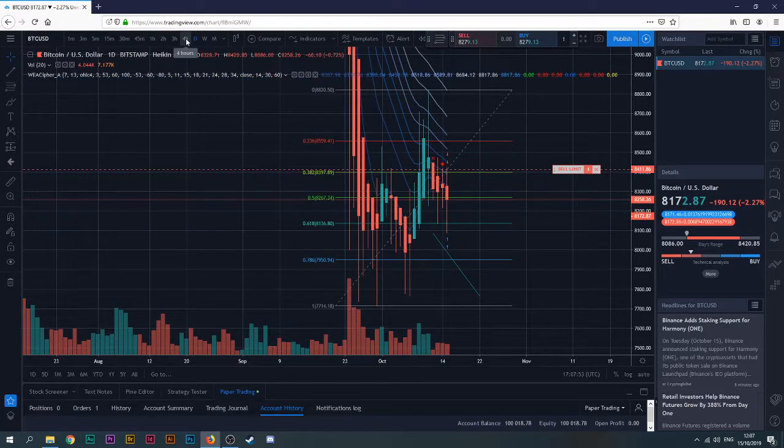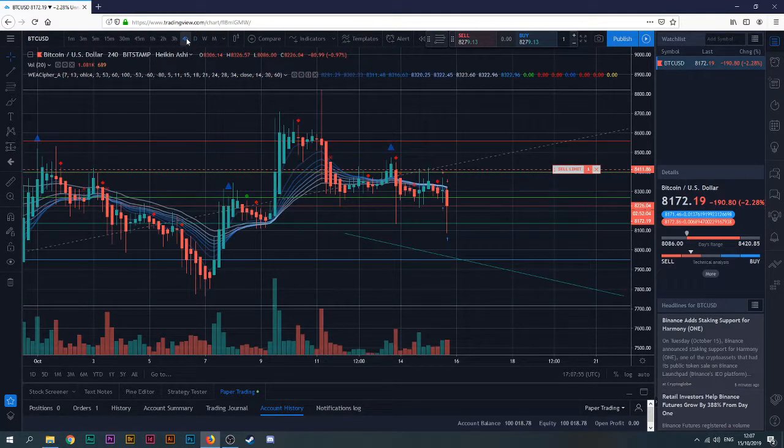Let's look at the 4-hour chart. Every candle is 4 hours long, so in the last 4 hours we've had a strong downtrend. It's a red candle, which means the market wants to go down. So I have a sell order of one contract at this price right there. You see it?